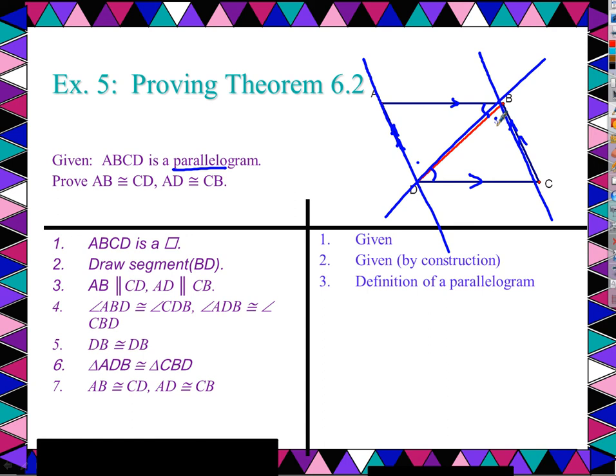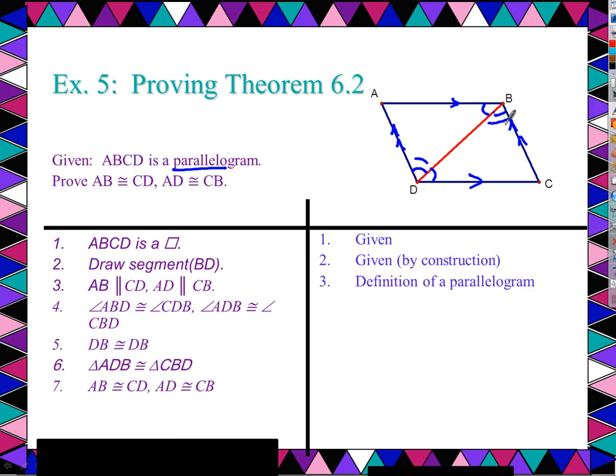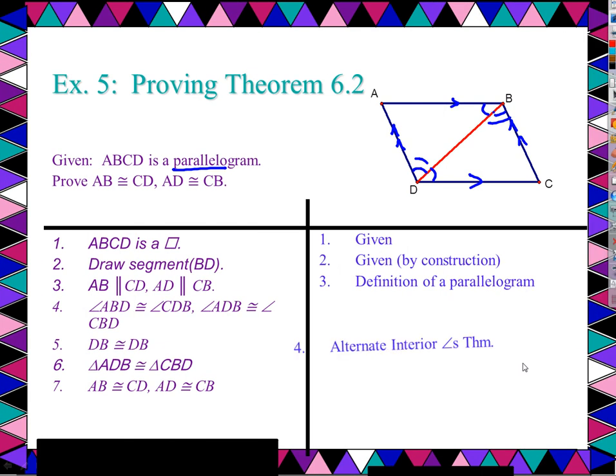And so I should be able to get both of those for the same reason, right? Because I've got a parallelogram. I've got these parallel lines being cut by that transversal that's really just the diagonal. Okay, so I can say both of these things. And my reason is just, as you told me, alternate interior angles. Okay. Now, that's pretty good.